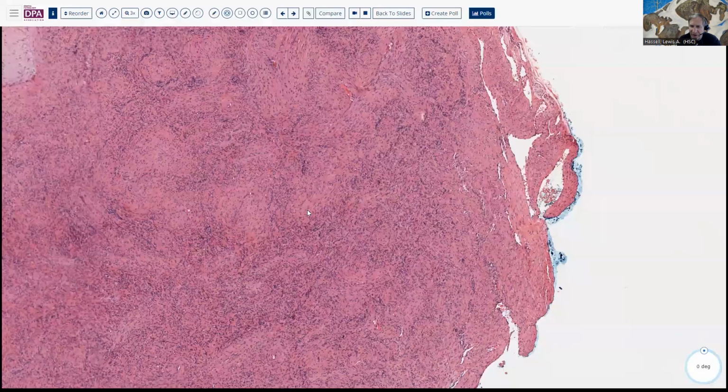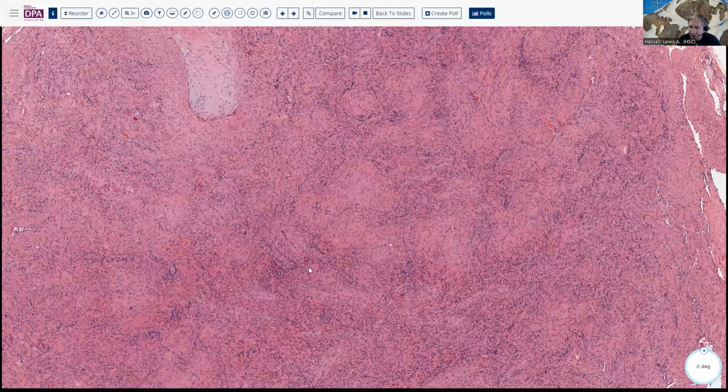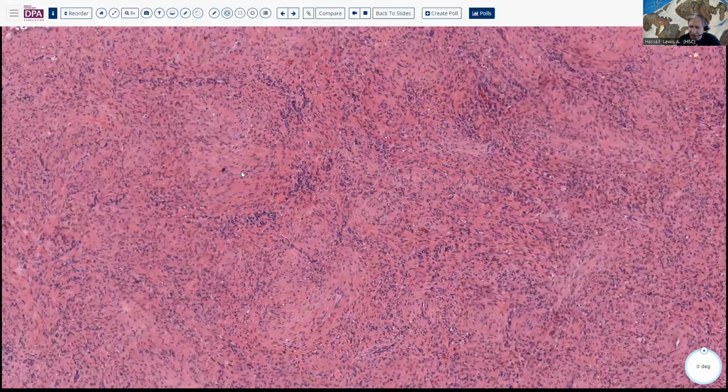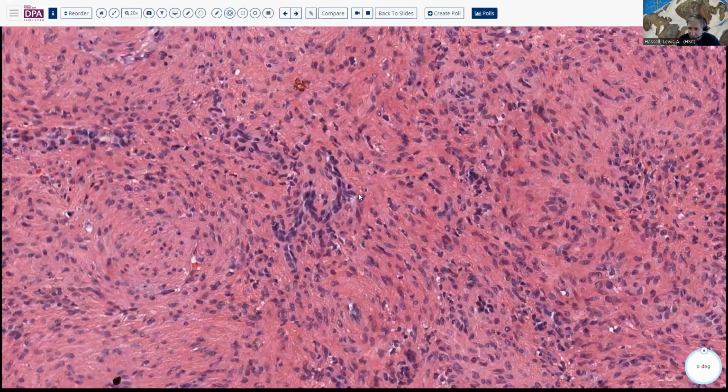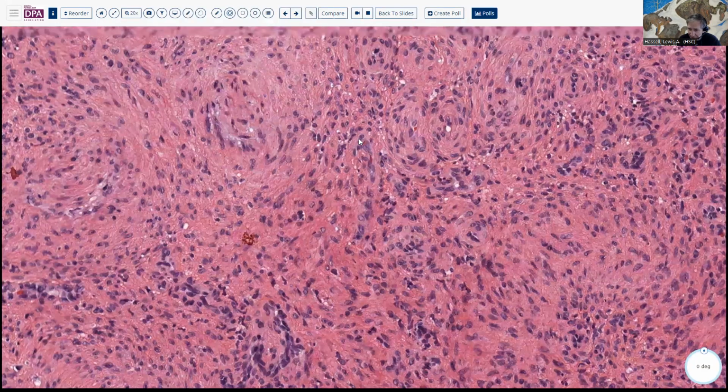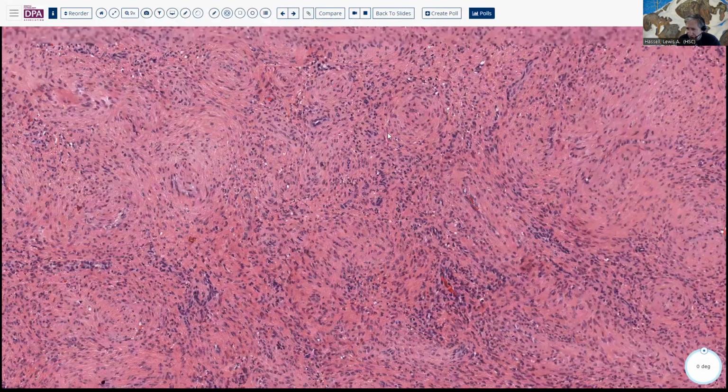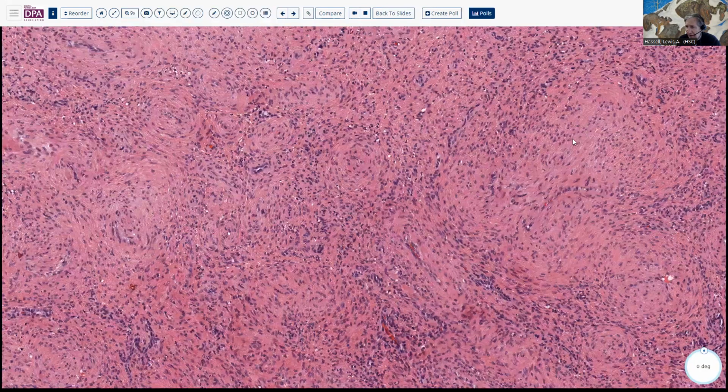Here's an image, again, underscoring this nodularity in the lesions, and very bland appearing cytology, very uniform, not much in the way of pleomorphism, a bit of vasculature in the background, and often at the center of these little nodular areas is this thin-walled vessel.